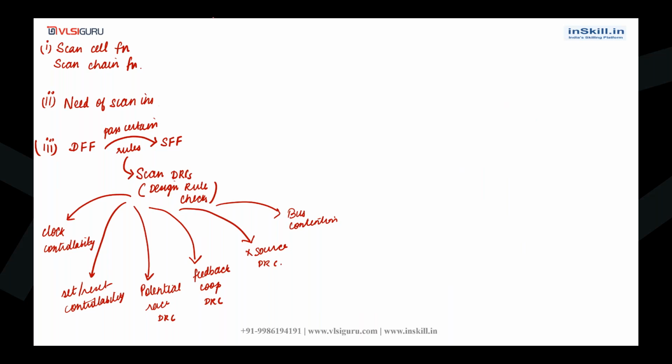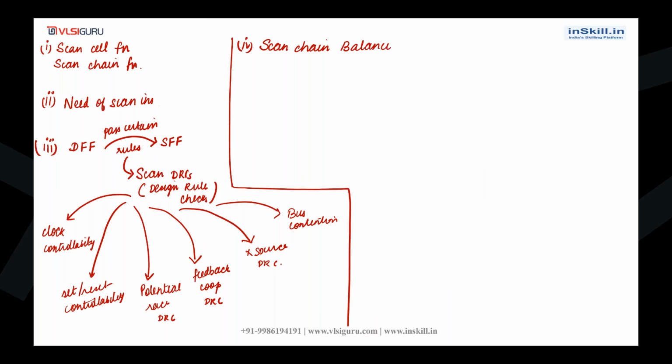And then the fourth topic which we will be covering in our scan insertion topic is scan chain balancing. So what is scan chain balancing? Scan chain balancing means keeping almost equal number of flops in the scan chain.